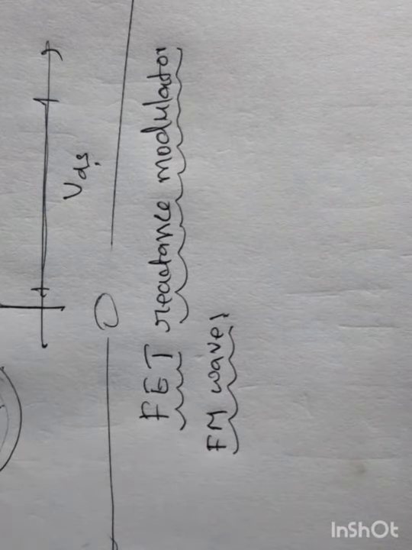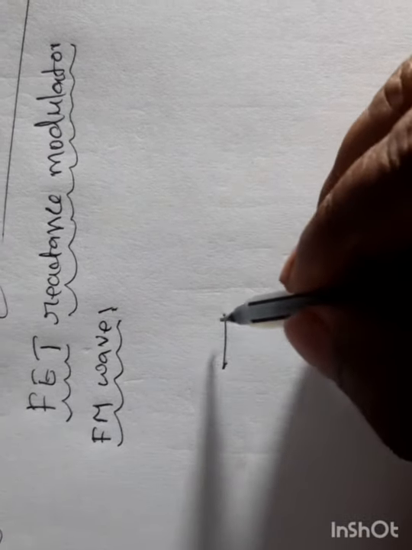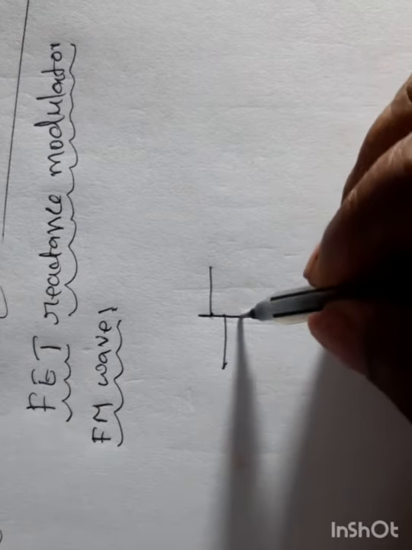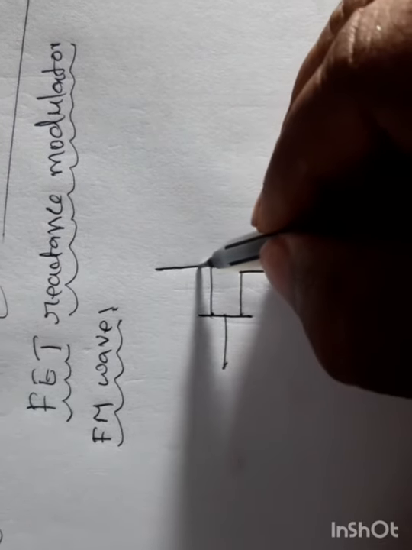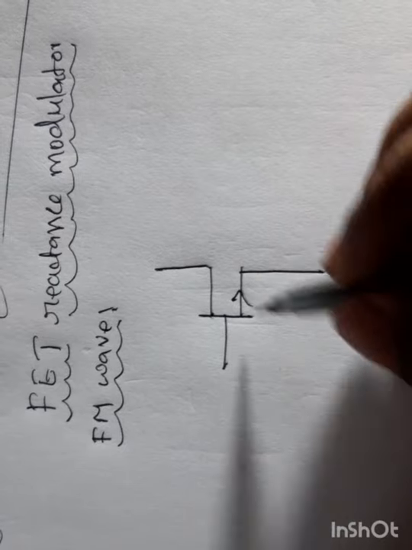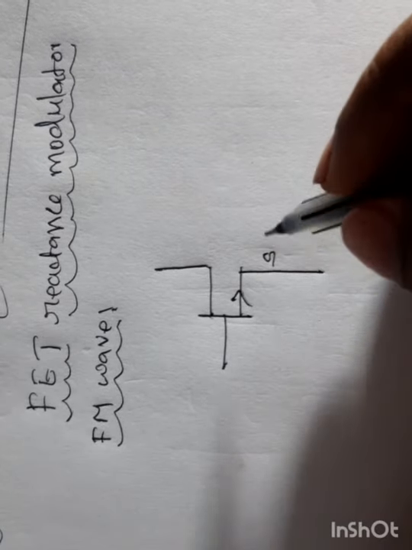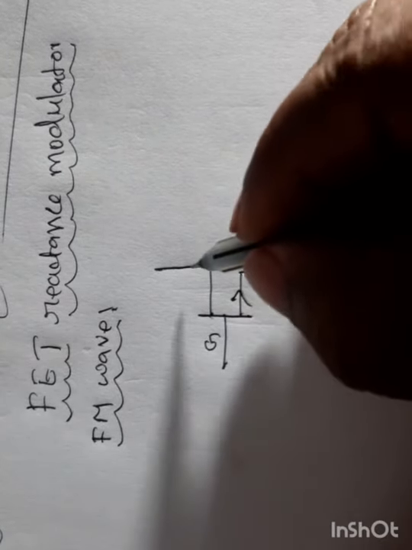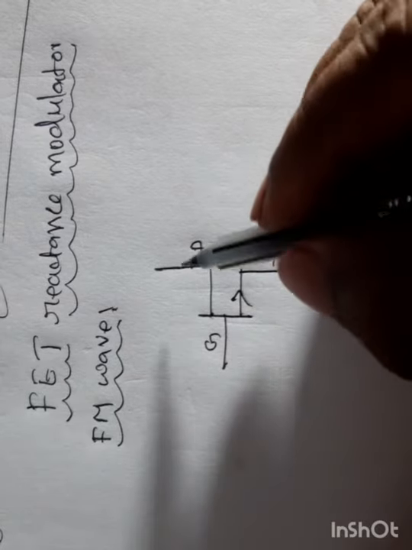Now, I will draw a circuit so that it can generate a frequency modulated wave. I will draw the FET circuit. This is a field effect transistor, an N-channel field effect transistor. This is source, this is gate, and this is drain.